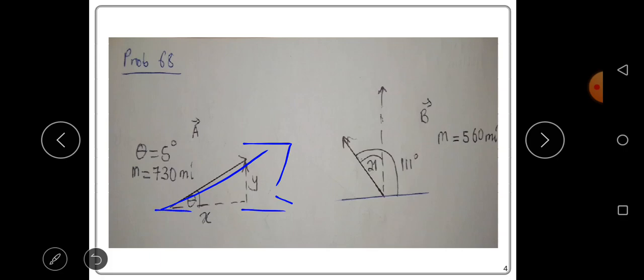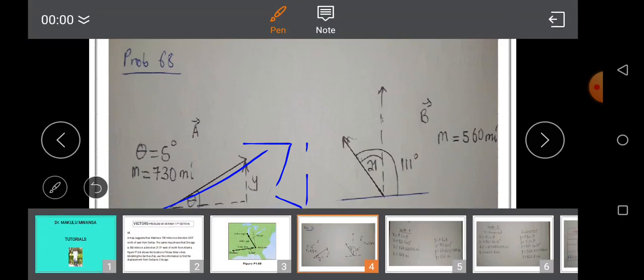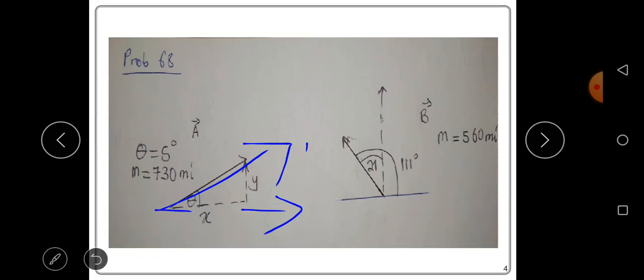So we have to find the x component and the y component. So the angle is 5 degrees. Then the magnitude of this vector is 730 miles.